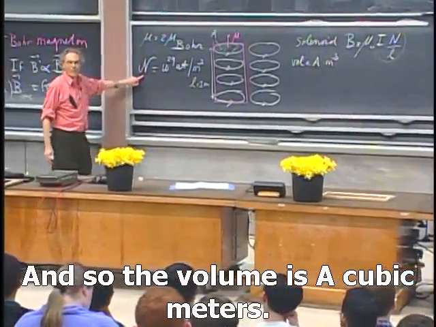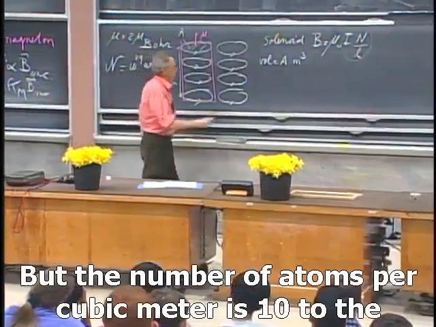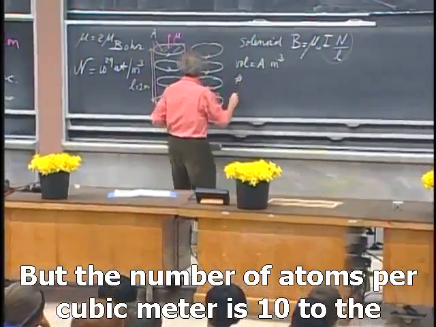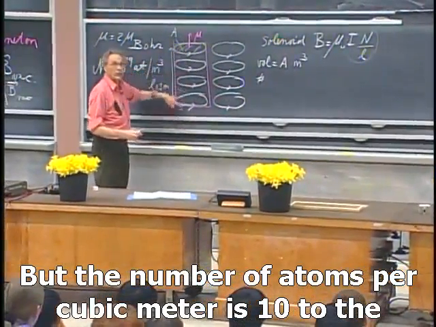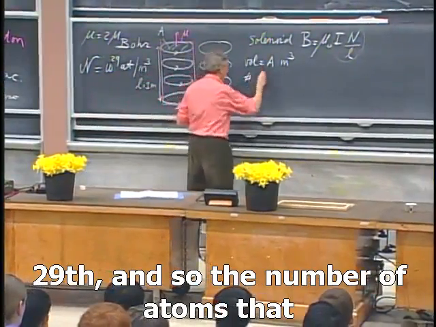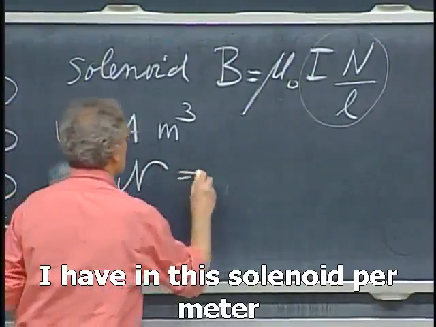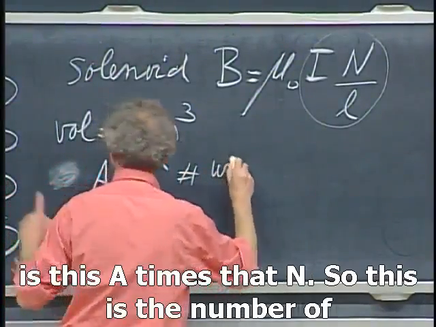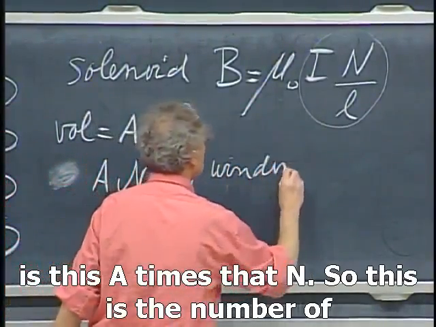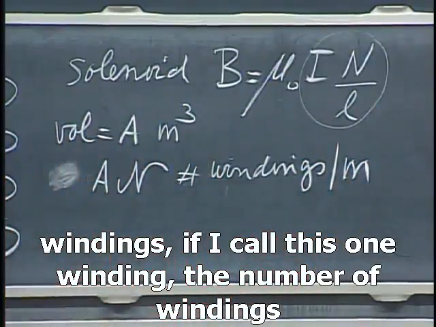But the number of atoms per cubic meter is 10 to the 29. And so the number of atoms that I have in this solenoid per meter is this A times that N. So this is the number of windings, if I call this one winding, the number of windings per meter. Or you can think of it as the number of atoms per meter, the way they're lined up.